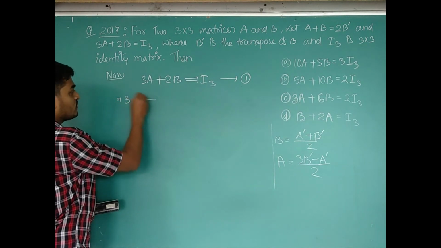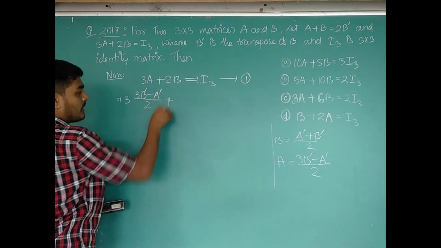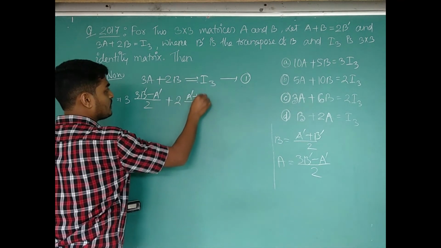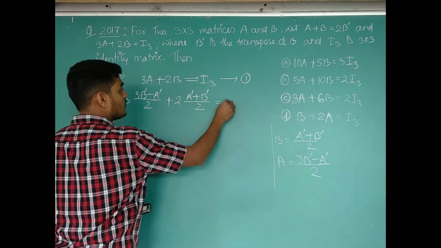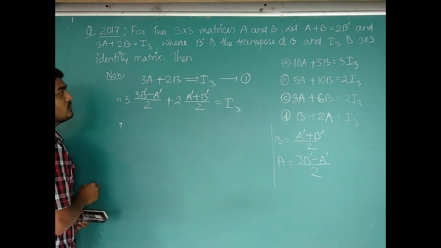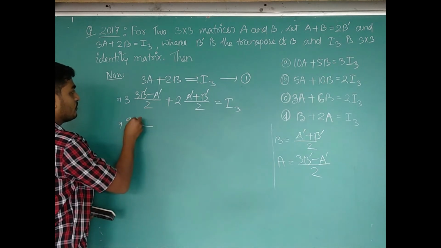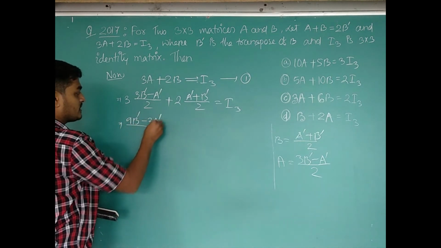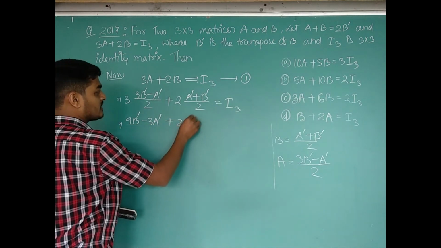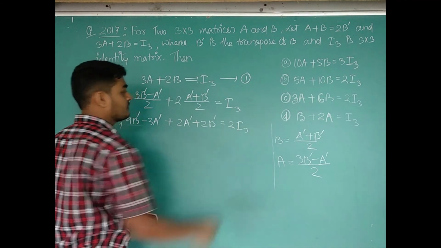So 3A means 3 times 3B transpose minus A transpose by 2, plus twice of A transpose plus B transpose by 2 is equal to the identity matrix of order 3. Then we can easily simplify it. It will be 9B transpose minus 3A transpose, plus twice A transpose plus 2B transpose, is equal to twice I3.